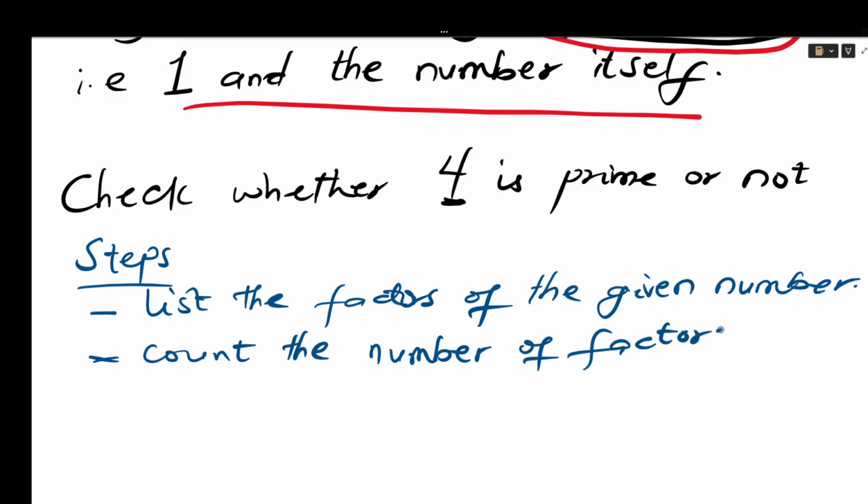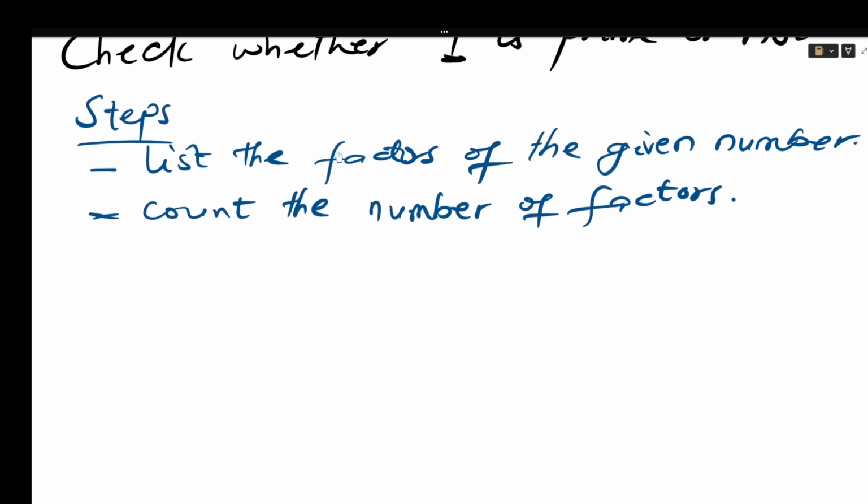Basically, these are just the steps in checking whether a number is prime or not. We find the factors of the number, and then we count the number of factors. This is because in our definition, we said a prime number has only two factors. So after counting the number of factors, we can now determine whether it's a prime number or not.